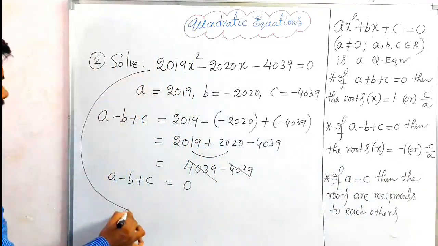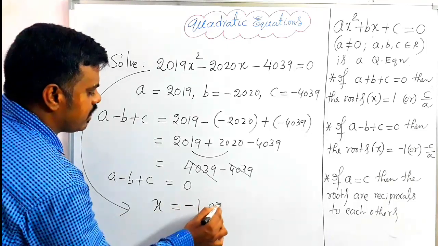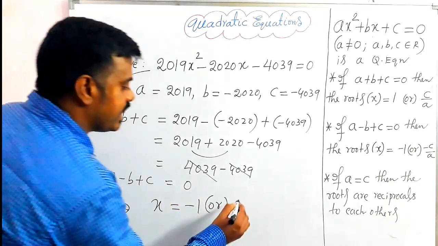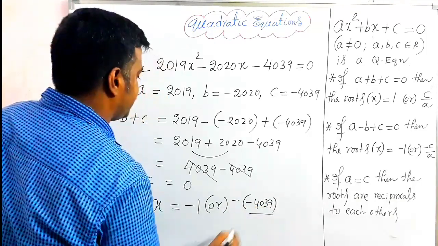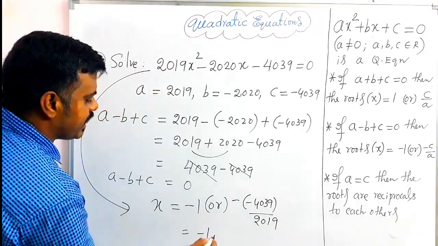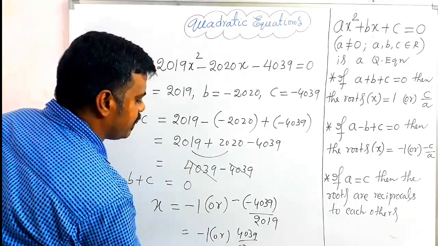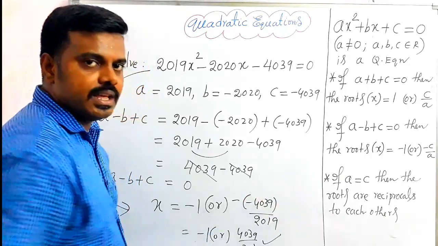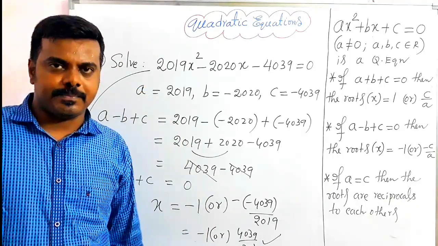So for this quadratic equation, the roots we can say are minus 1 or minus c by a. That is minus of minus 4039 by a, which is 2019. Nothing but minus 1 or 4039 by 2019. In this way, we can solve this type of equations in a short time.